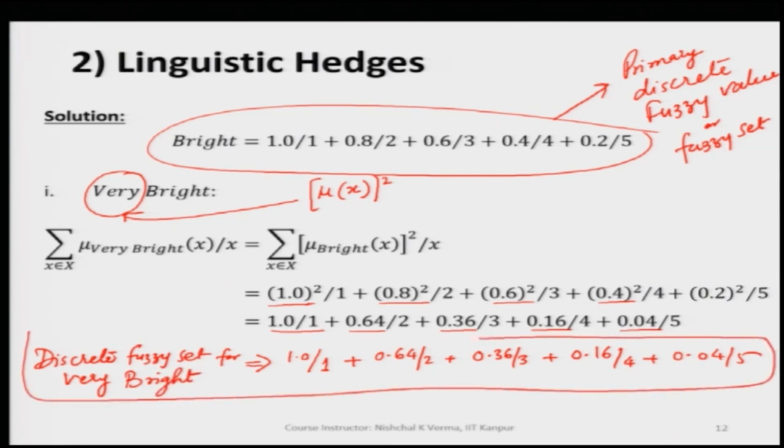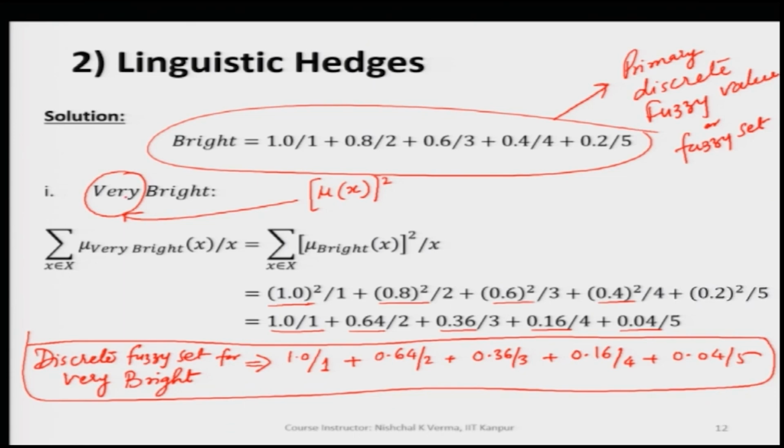What is interesting to note here is that we had bright only. We were given the discrete fuzzy set for bright, and here we are converting bright into very bright. As I have already discussed, when we add very before any linguistic value, before any primary fuzzy set, then bright becomes very bright.